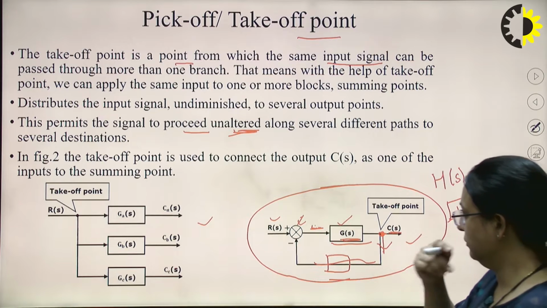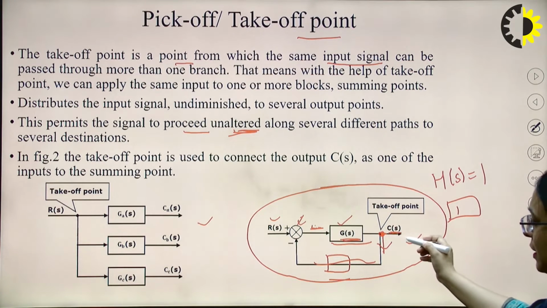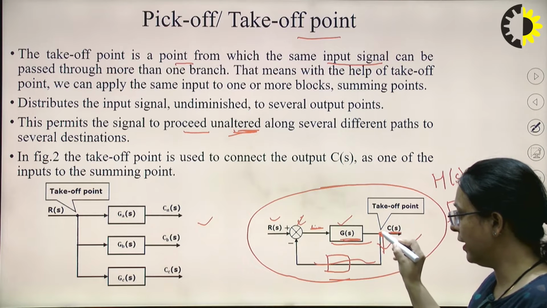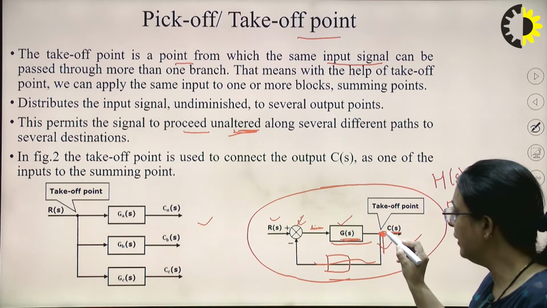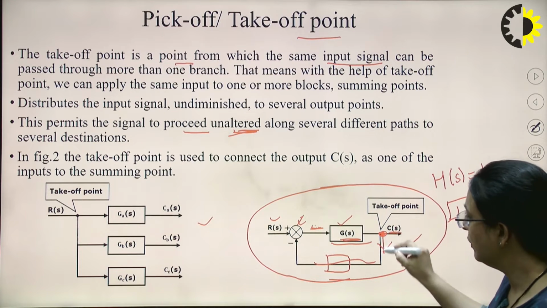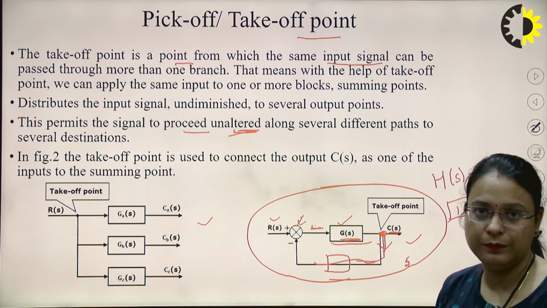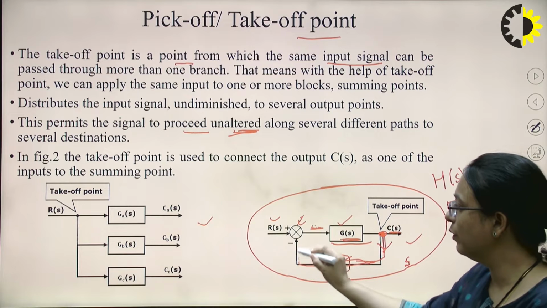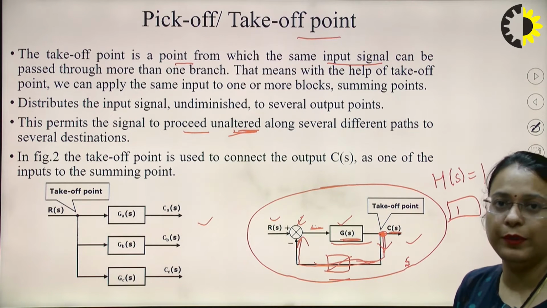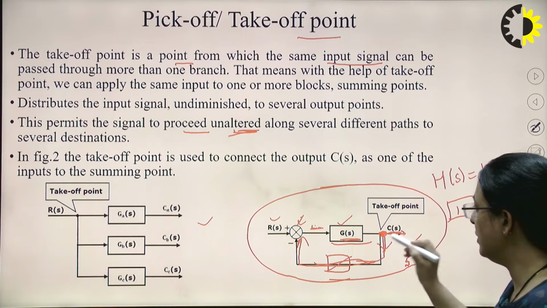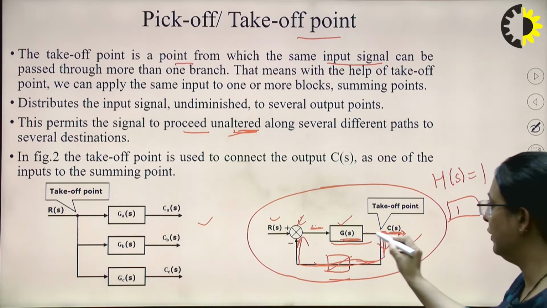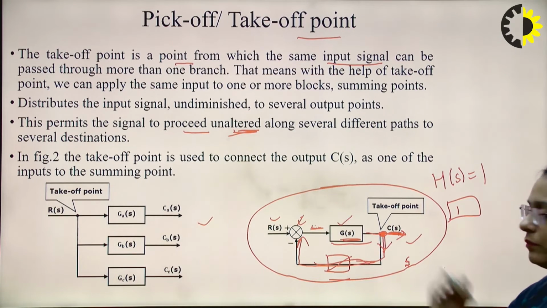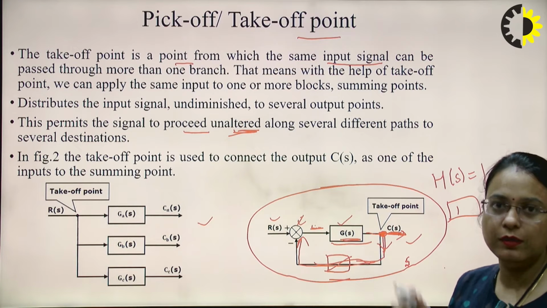So basically you can see that the same point, the output which is here at this particular node, is given to another block. Or if we remove this block, it is given to this summing point. One signal is given to the output, and from the same point we are giving the feedback signal to the summing point.